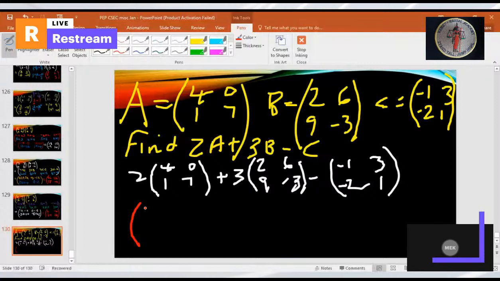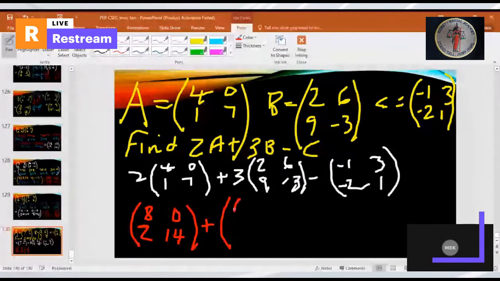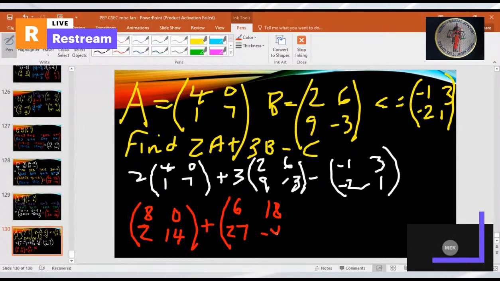We'll add that to 3 twos, 6, 3 sixes, 18, 3 nines, 27, 3 times negative 3, that's negative 9.